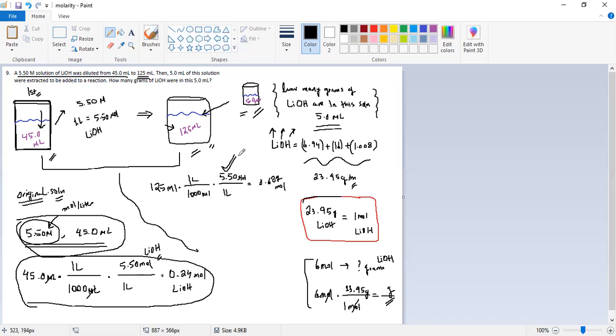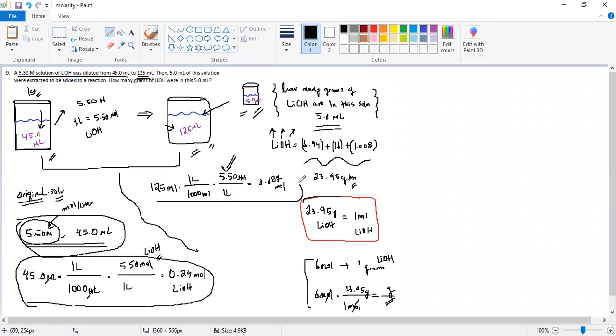And now that you have the amount of moles, let me just go ahead and mark this as wrong. This would be a wrong approach. But continuing with the correct approach, we now know that 45.0 milliliters has 0.24 moles of LiOH.